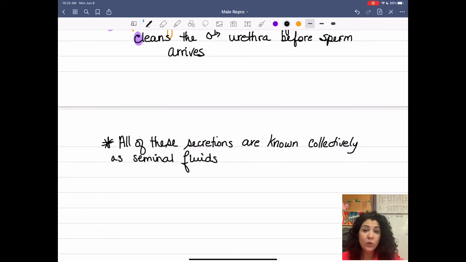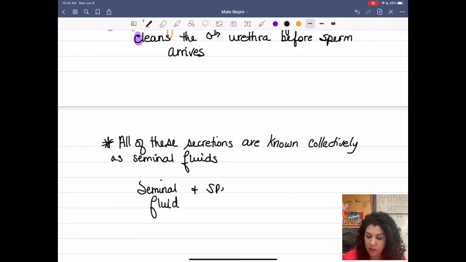Okay, when you get a vasectomy, you don't have sperm found in your seminal fluid. So the seminal fluids are still produced during ejaculation. You still get the fluids from the seminal vesicles, from the prostate, and from the Cowper's gland. The only thing that you're not going to find in there is sperm. If you take seminal fluid and you put sperm in it, now you got yourself what is known as semen, which in Latin means seed, okay?